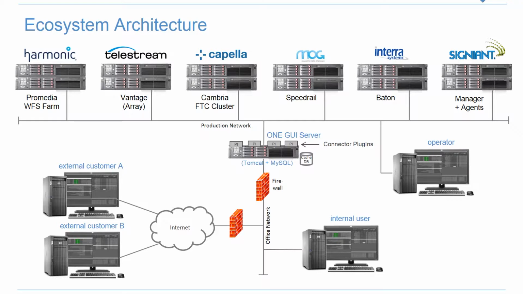So for example, an internal operator or even supervisor might see all the jobs. But on the other hand, you've got, let's say, an internal customer or user within your organization that may see only the jobs that are related to him. To give you an example, let's assume you're a broadcaster, you've got a news department and a sports department.